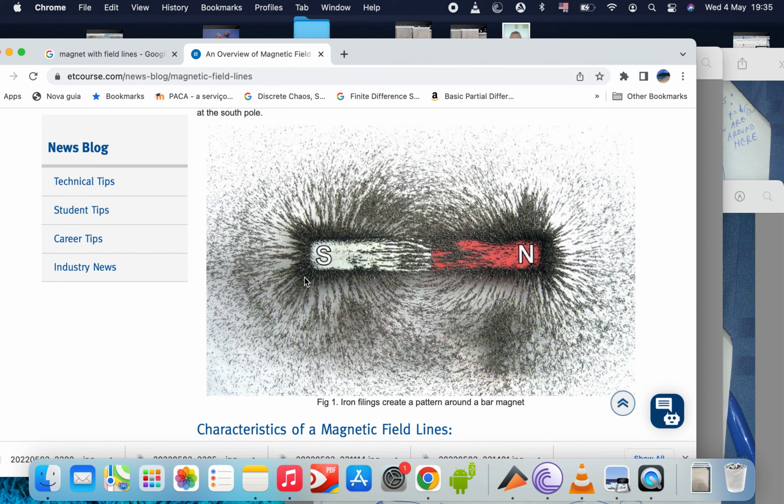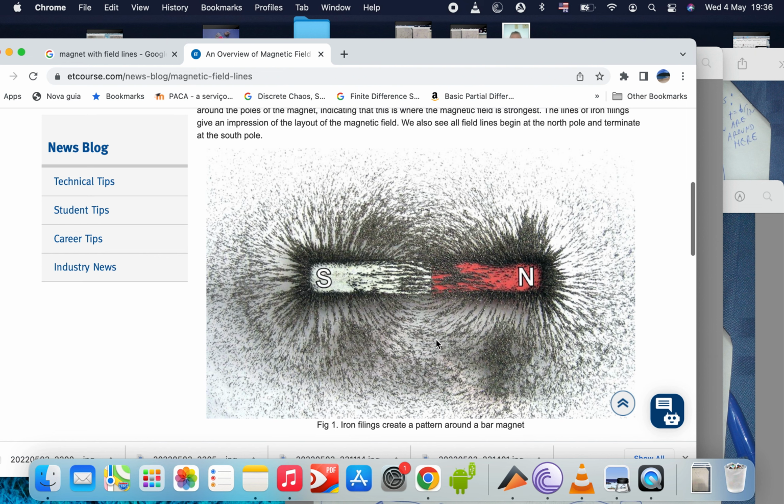It was made by an actual experiment by throwing iron fillings to create the pattern. So here we see that there's not many field lines there. And around here you can see as we go, I don't know if this picture is centered, but, yeah, you see this is not symmetric.